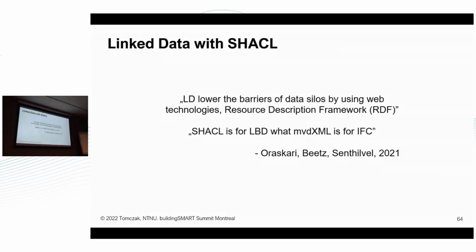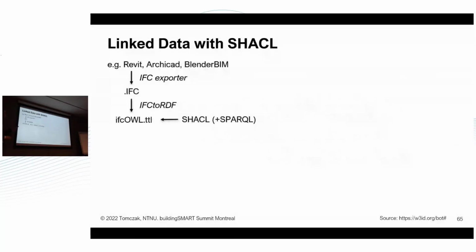And you can also define your requirements in this. I tried to do it, and first I need to give you a bit of background on how to get there from your BIM authoring software, for example, BlenderBIM. So you have to export it to IFC form. Then you need to convert it to RDF, and then it becomes this Turtle file.